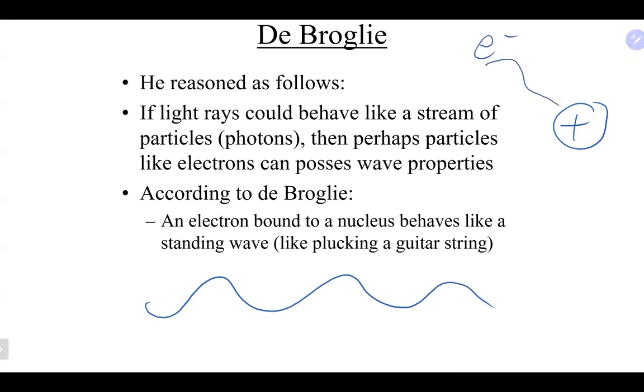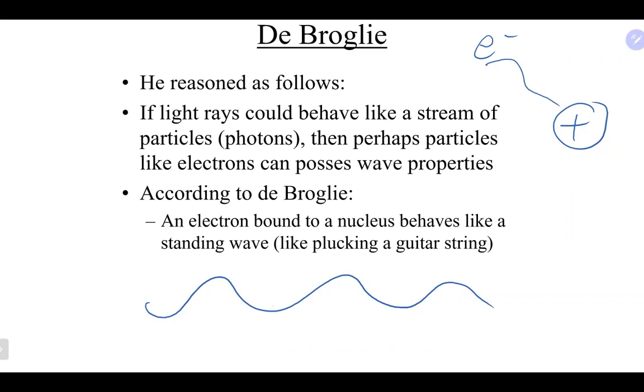It has this wave-like function where it's tied to the atom through its attraction to the nucleus, like the string on the guitar, but it can still vibrate and move around in that empty space outside the nucleus. But it is still restricted in where it can move.